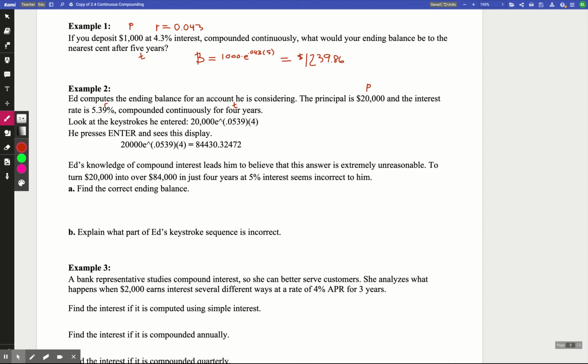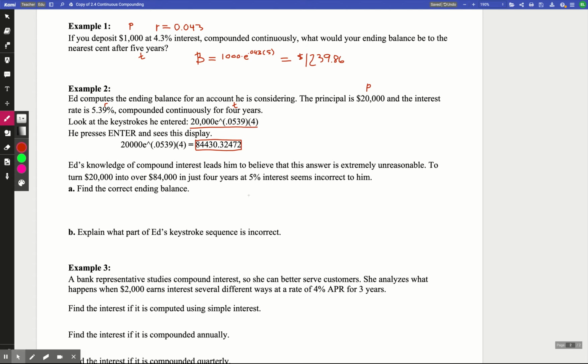The keystrokes he entered into his calculator are as follows. When he pressed enter to get his final answer, he got $84,430.